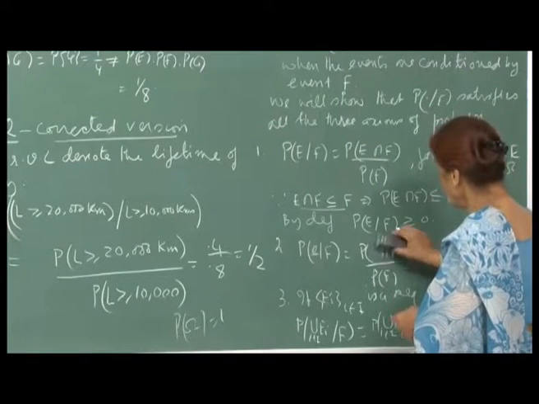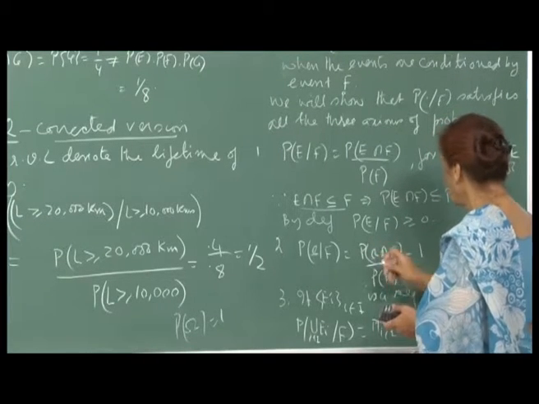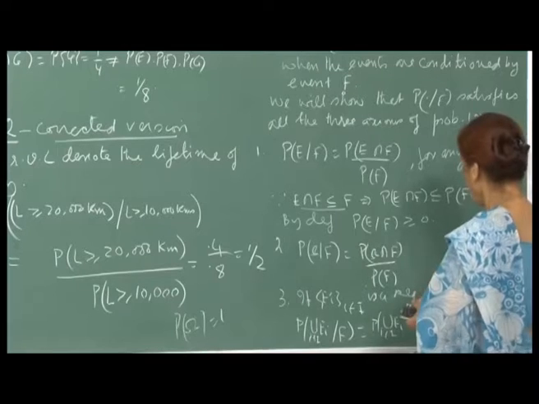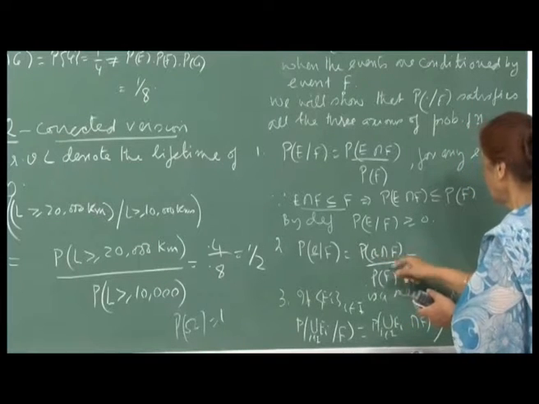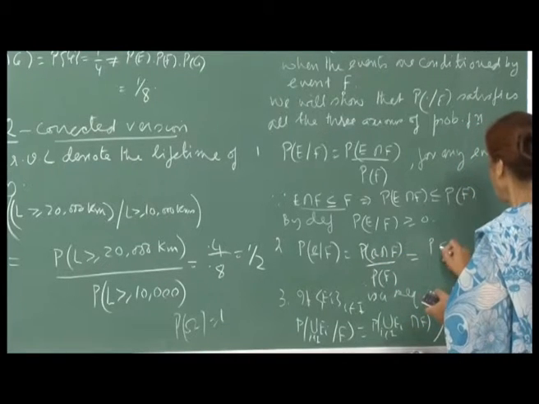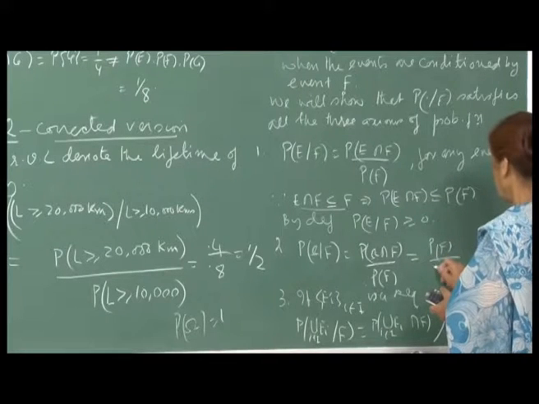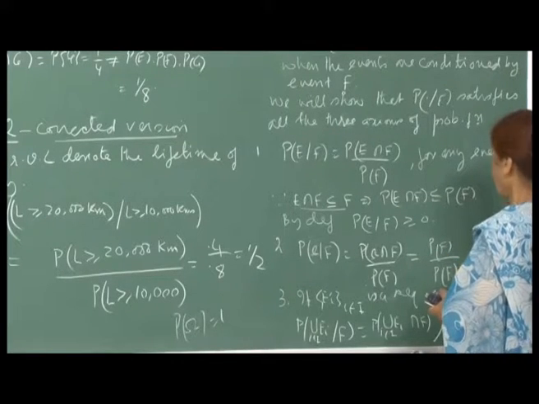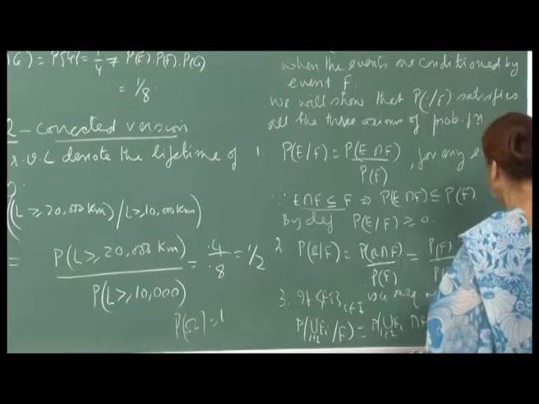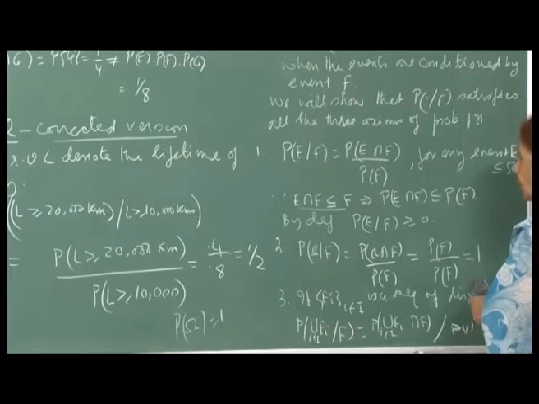So, what will this be? When you take omega intersection F, this will be the probability of F, and therefore this is equal to 1, right.